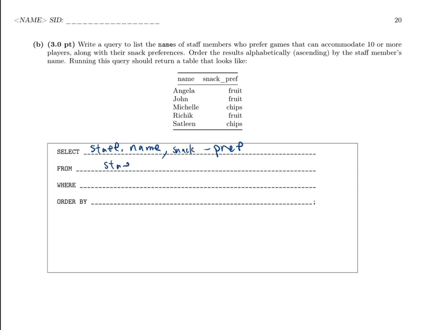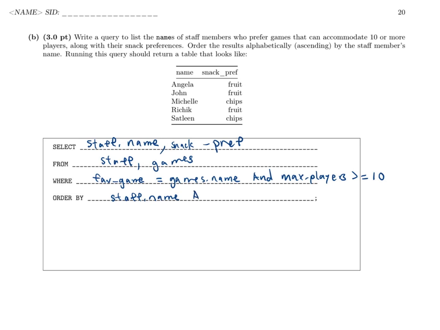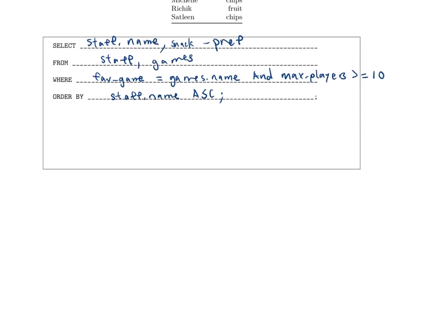From table staff, games where fav game is equal to games dot name and max players greater or equal to 10. And then we want to order it by staff dot name ascending. That will be our query for part B.